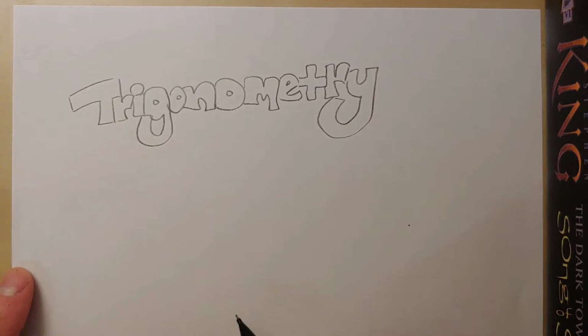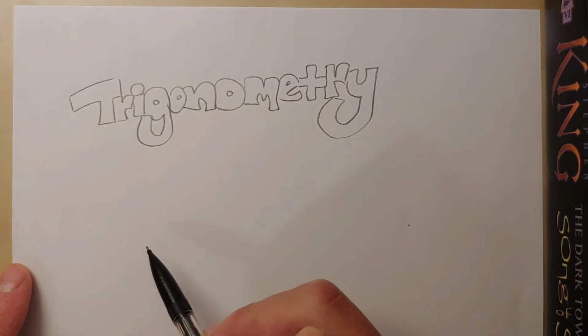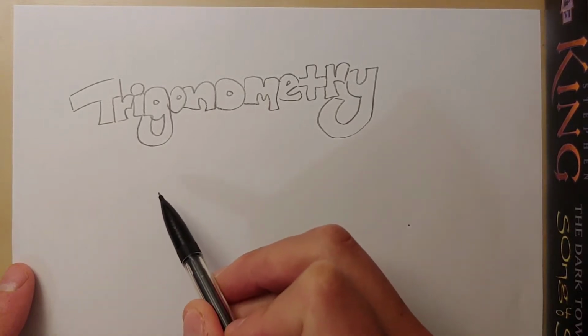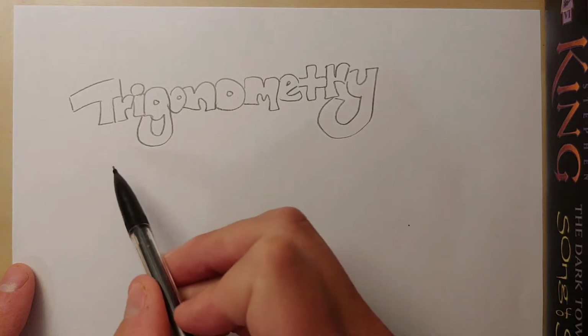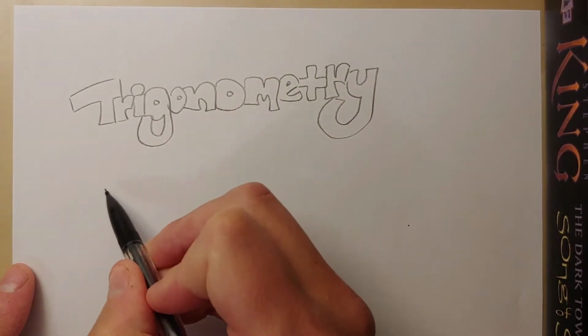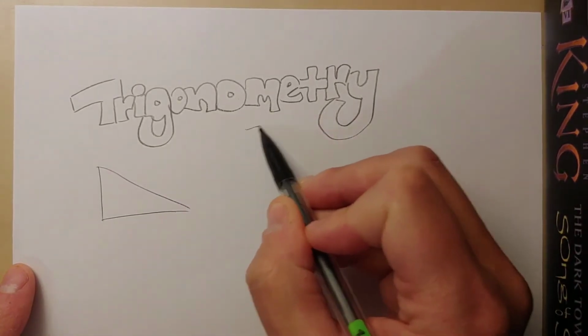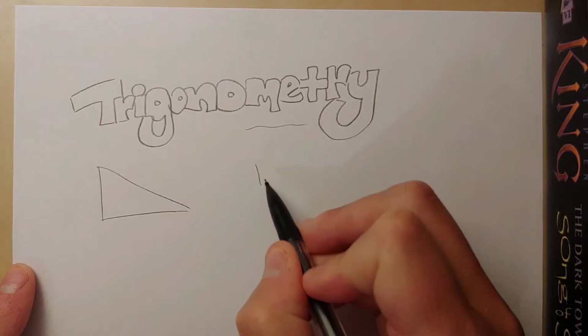Now, trigonometry is a big, long, scary word, and it's probably something that most of you have not learned before. But it's important to keep in mind that it's actually a fairly simple concept. The word trig in trigonometry really just means triangle. And the metry portion here really just means measure.